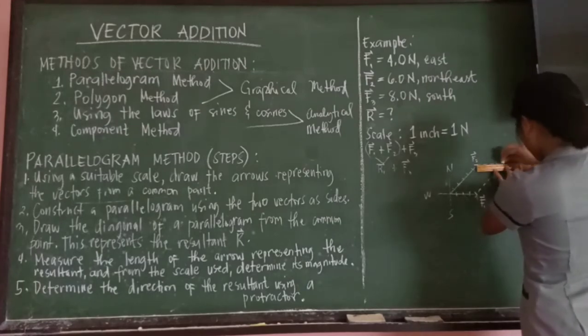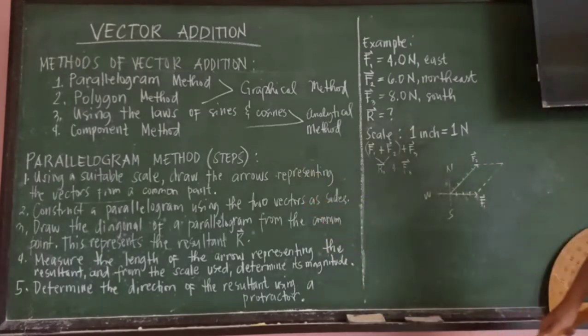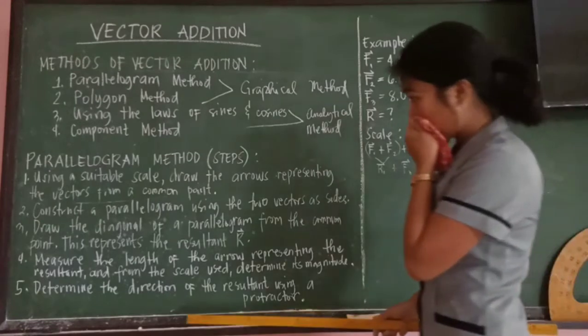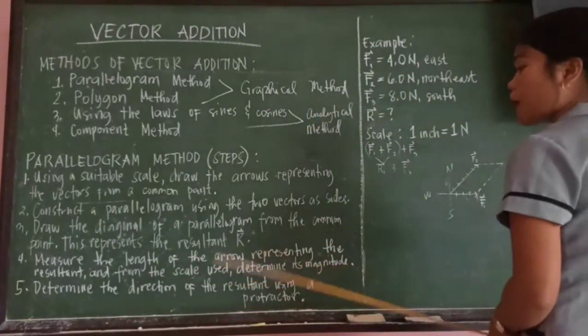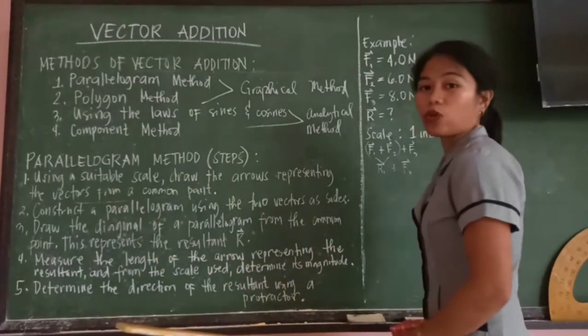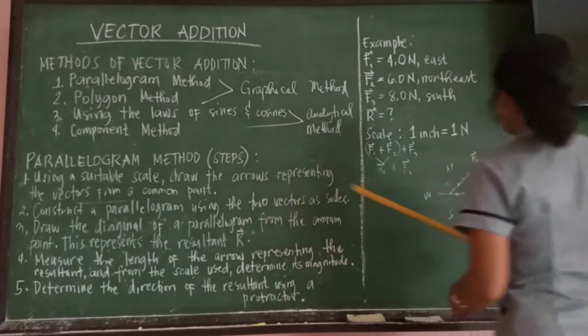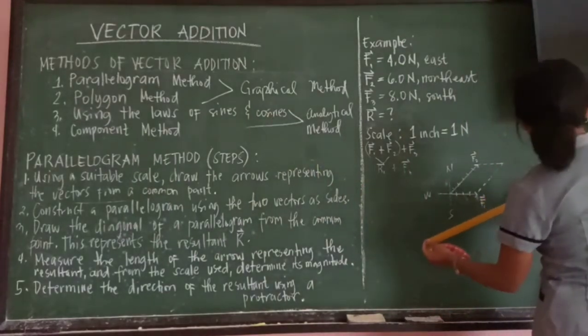Okay, right after, we are going to proceed to step 3. Draw the diagonal of a parallelogram from the common point. This represents the resultant R. So from here, we are going to draw the diagonal from the common point.